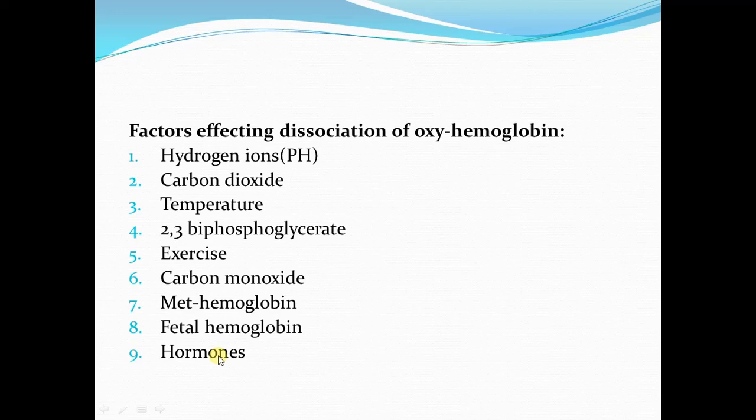So thyroid hormone, growth hormone, and testosterone cause shift of the oxygen hemoglobin dissociation curve to the right side by increasing the formation of 2,3-BPG.